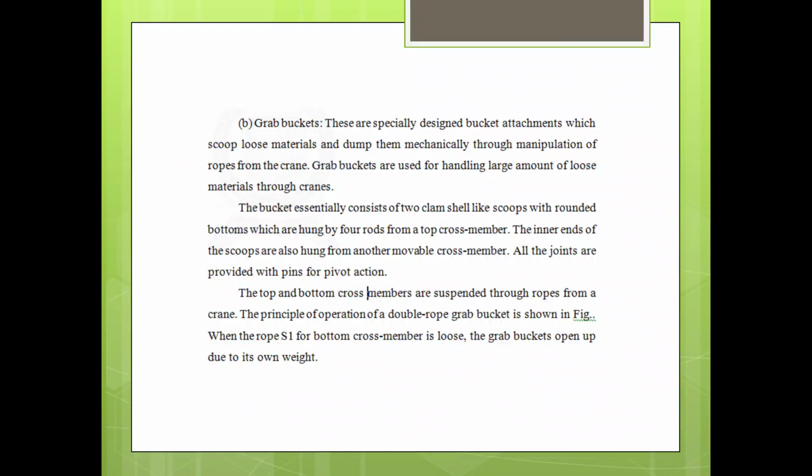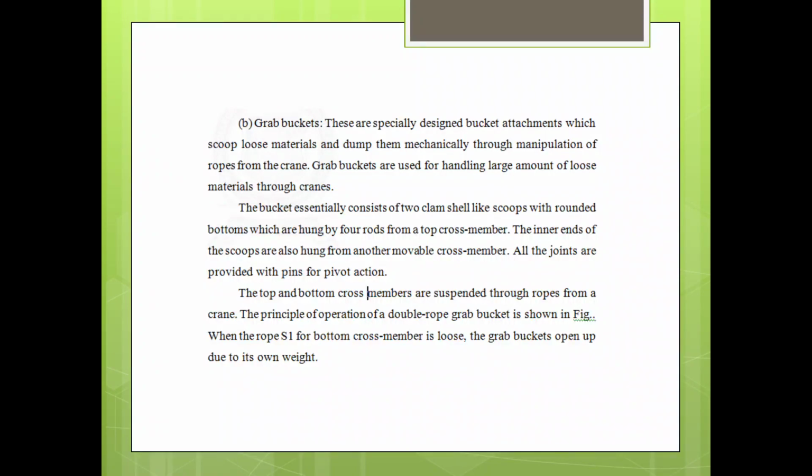The bucket essentially consists of two clam shell like scoops with rounded bottoms which are hung by four rods from a top cross member. The inner ends of the scoops are also hung from the removable cross member, and the joints are provided with pins for pivot action. The top and bottom cross members are suspended through ropes from a crane.